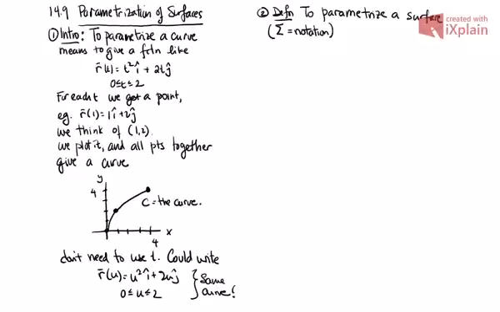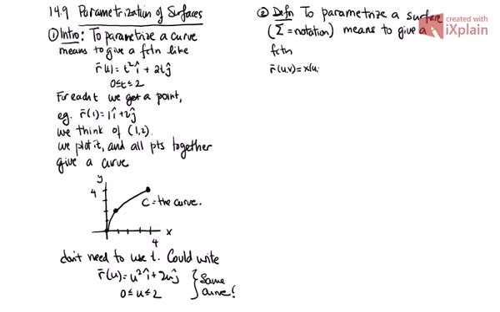To parameterize a surface means to give a function. This will be r of u comma v. We're going to have two variables to pull out two dimensions. And so we'll have an i, j, and a k, typically. Each of the coefficients could involve the variables u and v.